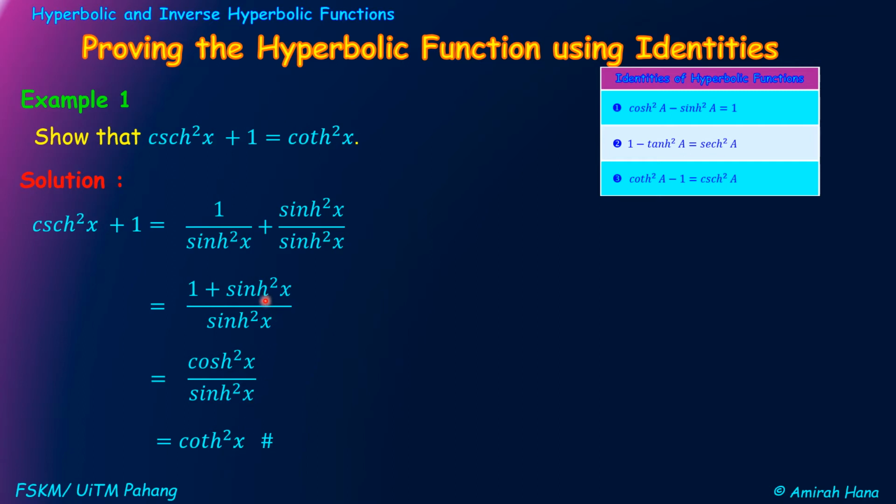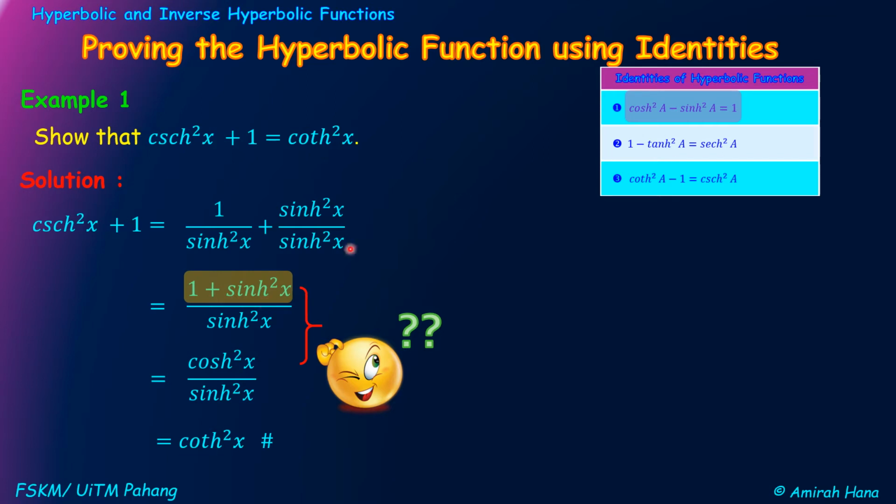Now, we need to check whether 1 plus sin squared x is equivalent to cos squared x. Because now we have the same denominator, but maybe we're not sure whether 1 plus sin squared x equals cos squared x. So from this identity, cos squared A minus sin squared A equals 1. Because we have sin here, we can refer to the identity in terms of sin.